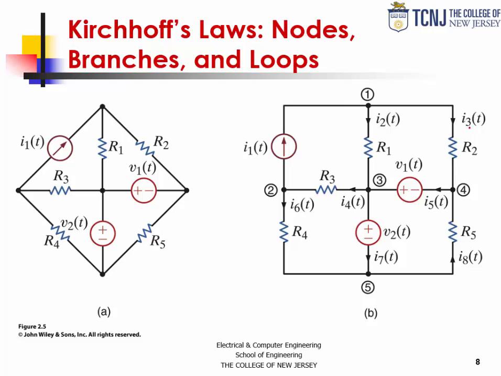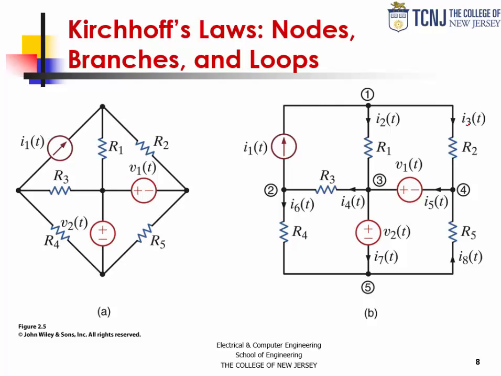Now let's look at two very important laws that are going to help us derive many relationships and circuit analysis techniques for the remainder of the course. But first, we have to define three concepts in the topology of circuits. And the topology is how the circuit looks when we draw it or when we connect it.